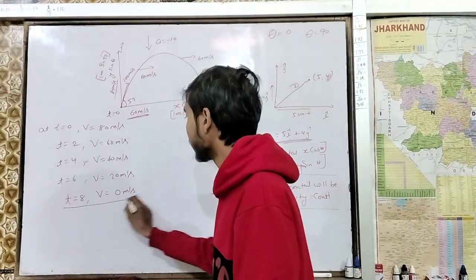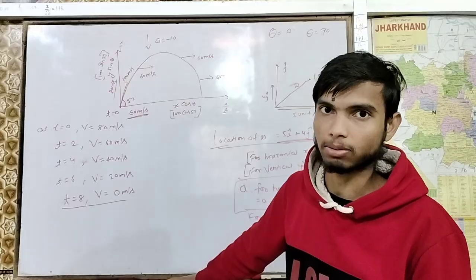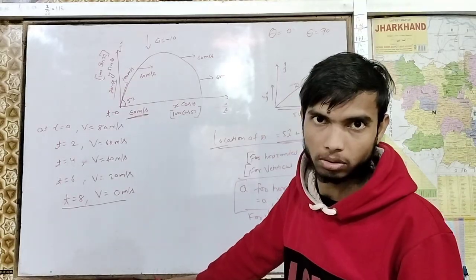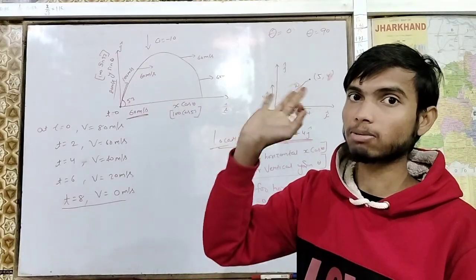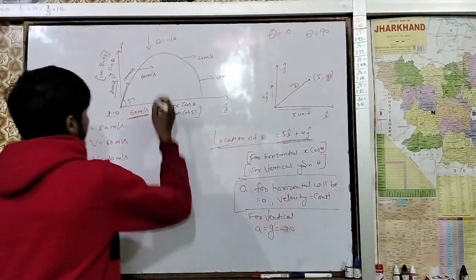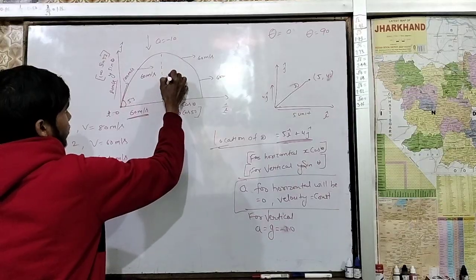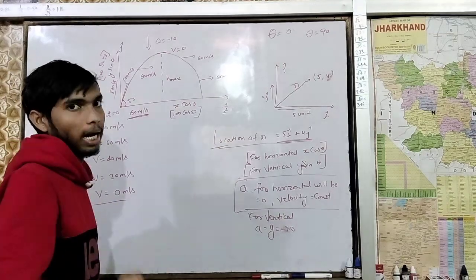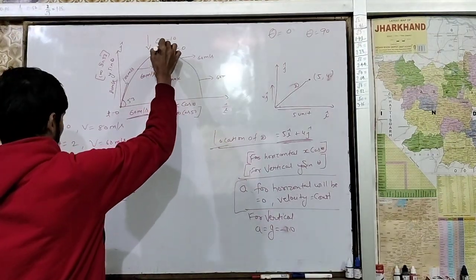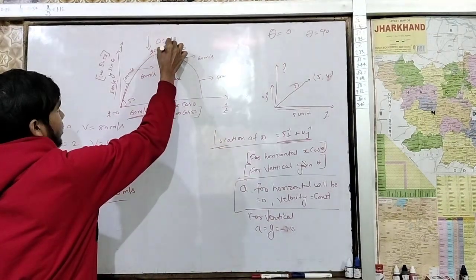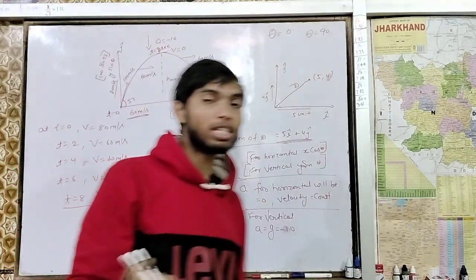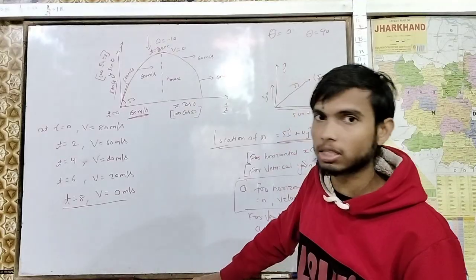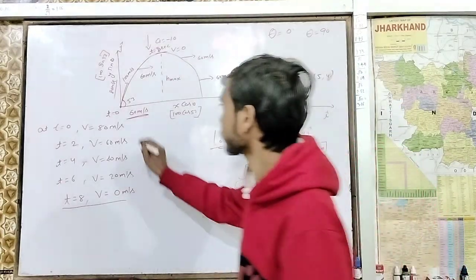This is where we will get the maximum height of the stone which went upward. Over here our velocity is becoming 0, and time is 8 seconds.